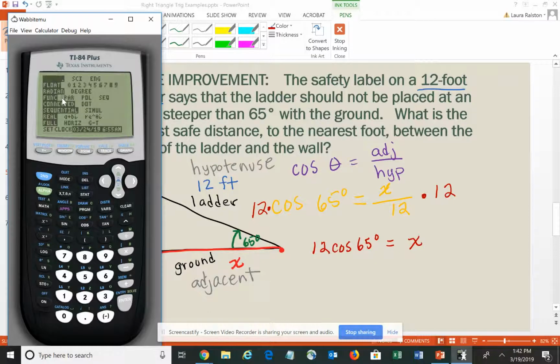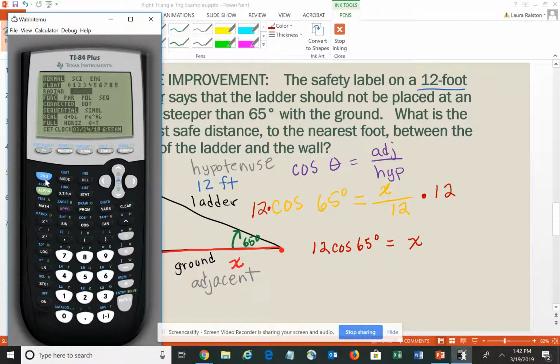And on the third line down, it says radian or degree. Mine is currently set in radian, so I'm going to arrow down to the third line, then arrow to the right and highlight the word degree and press enter. My calculator is now in degree mode.